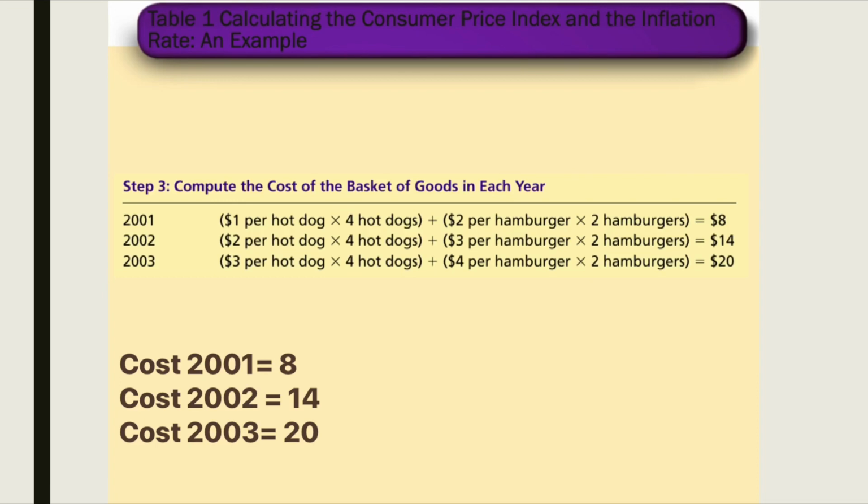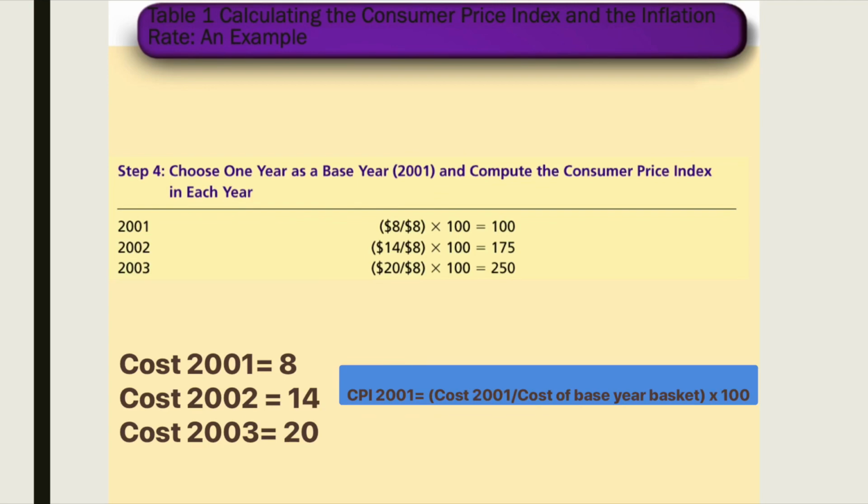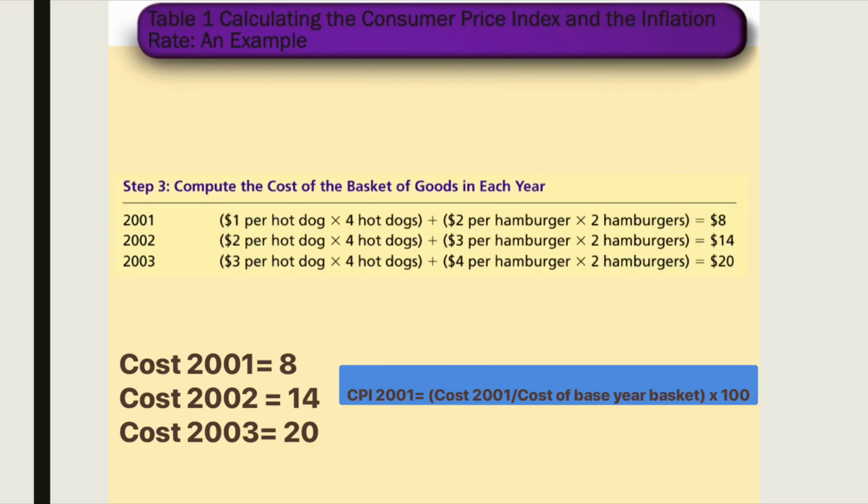Once you have these values, the fourth step is to calculate the consumer price index. The consumer price index is calculated by dividing the cost of the basket by the cost of the basket from the base year.